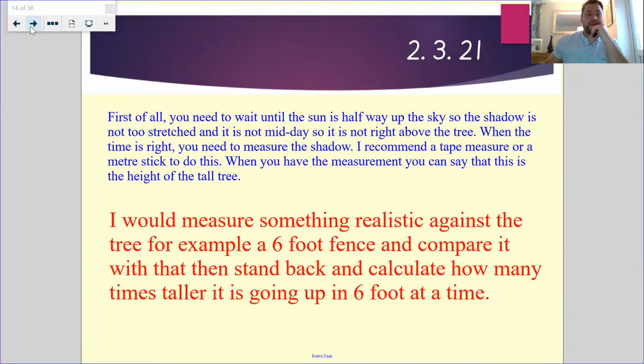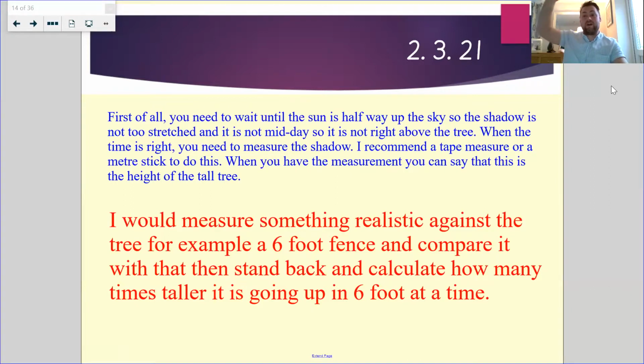Here we go. So if the day is sunny, and it's a bit debatable, you can wait for the sun to be halfway up in the sky, so that the shadow isn't really stretched, because we do know that sometimes shadows can be misleading.